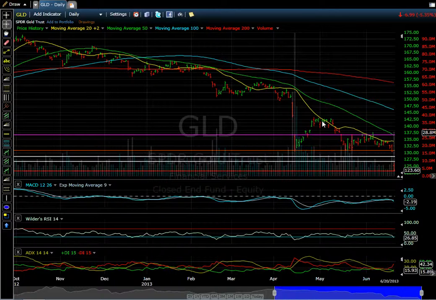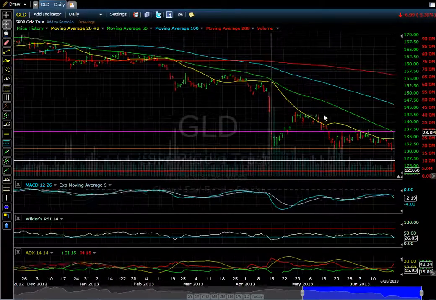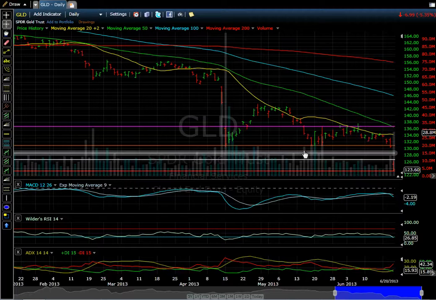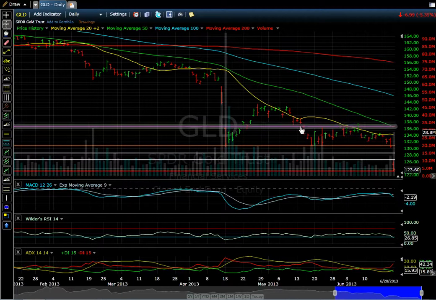So in this case, with these 1, 2, 3, 4, 5 lines that we've drawn, I'm going to give the purple line as my new target for this stock.